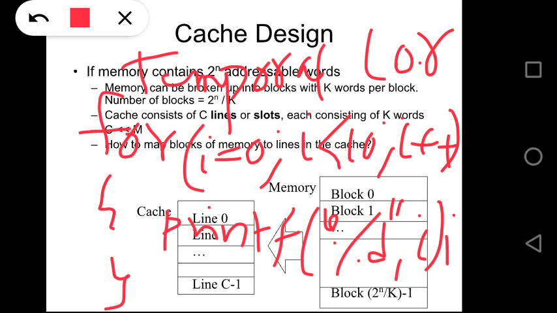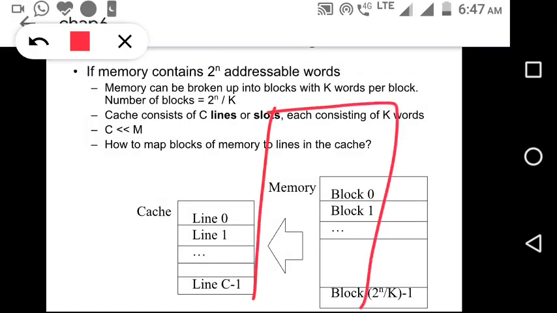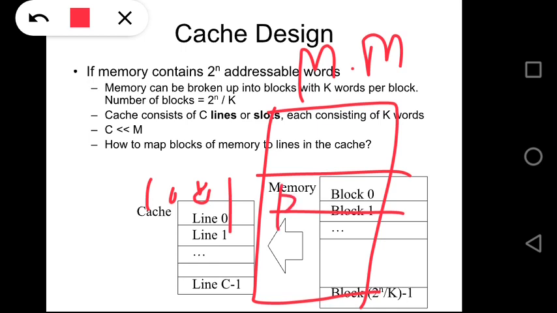So you know that when the processor issues an address to access the memory for this printf instruction, let's assume this printf instruction is stored in the main memory at a particular address 1001.